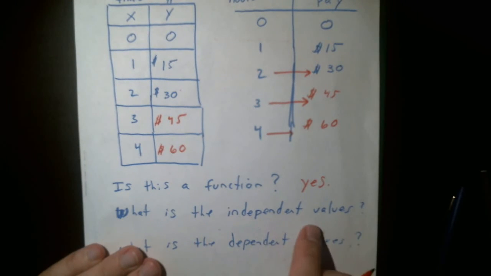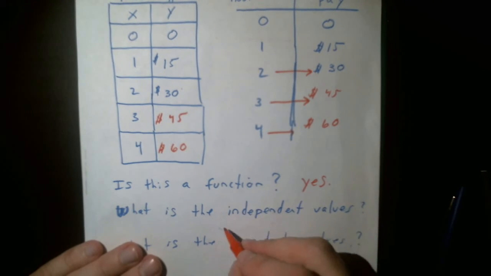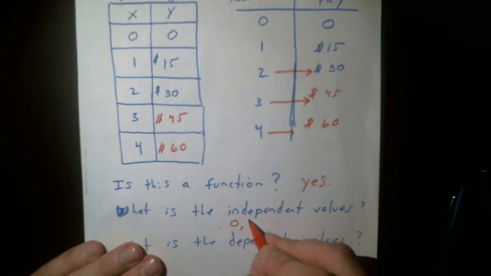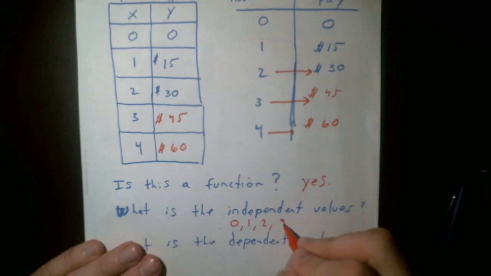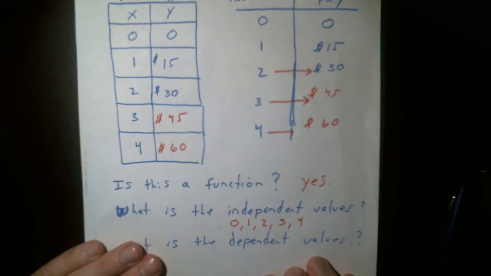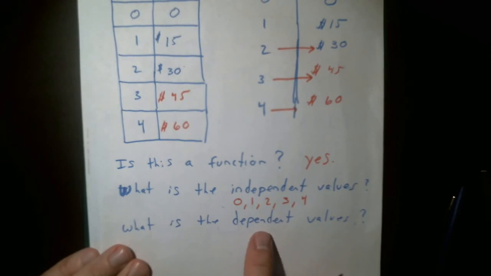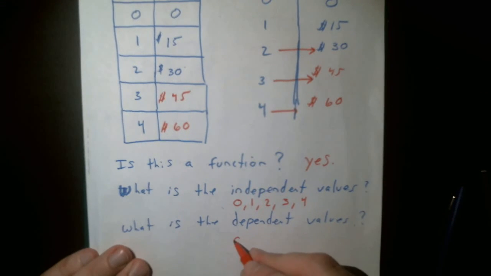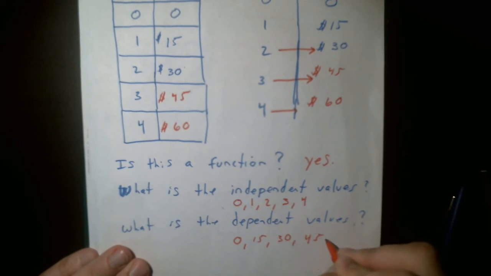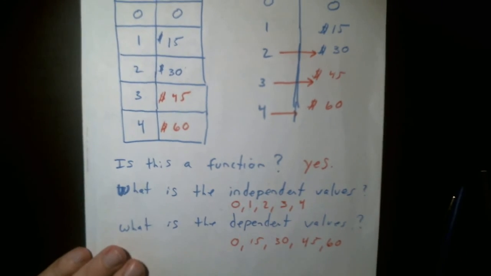What are the independent variables? Well, they are 0, 1, 2, 3, 4. What are the dependent variables? Well, that's 0, 15, 30, 45, and 60.